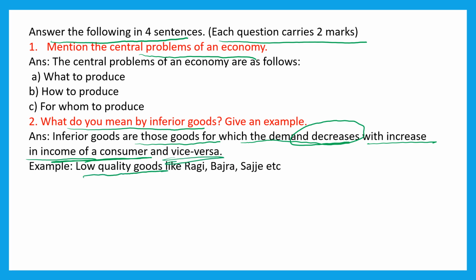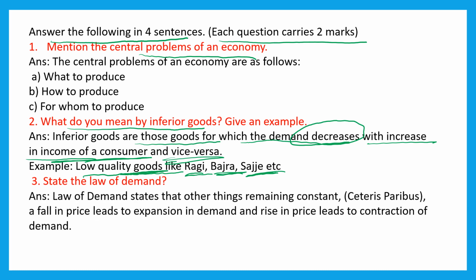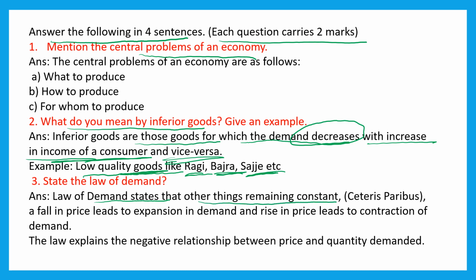Example: low quality goods like ragi, bajra, sajje, etc. State the law of demand. Law of demand states that, other things remaining constant, or ceteris paribus, a fall in price leads to expansion in demand and rise in price leads to contraction of demand.